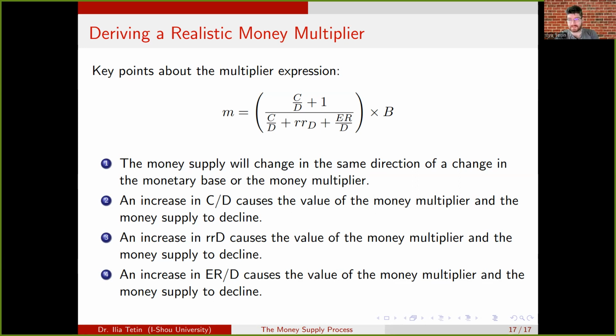We can calculate the same thing using the formula of the money multiplier.